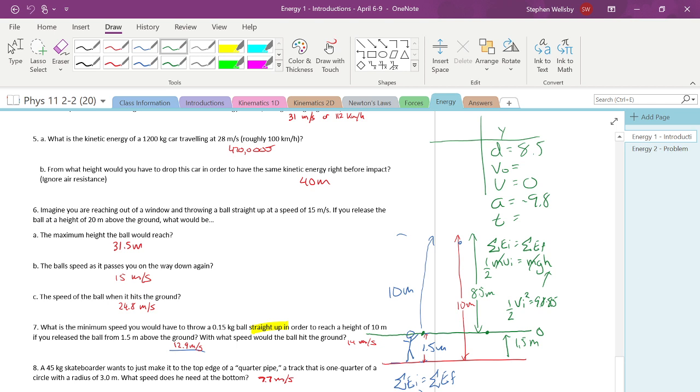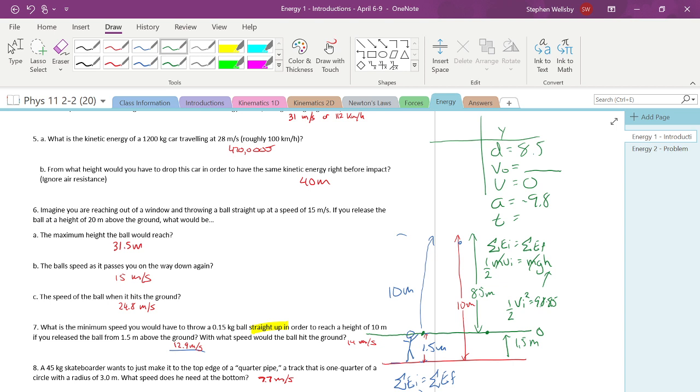When we're thinking about our initial start point, it's the exact moment, like a millionth of a second after the ball has left your hand. At that point it does have an initial velocity, and it is 1.5 meters above the ground. So if it's moving, it's got kinetic energy. If it's above the ground, it's got potential energy.